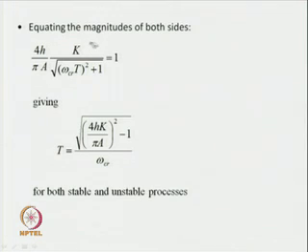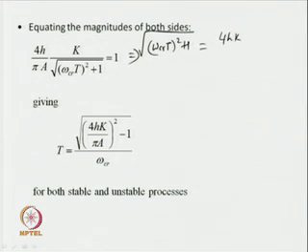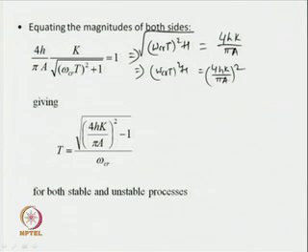This can further be simplified to √((ω_cr T)² + 1) = 4hk/(πa), which implies (ω_cr T)² + 1 = (4hk/(πa))². Then that can also be written as (ω_cr T)² = (4hk/(πa))² - 1.